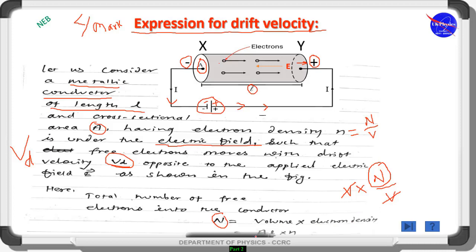The volume is simply given by the cross-sectional area A and the length of the conductor L, and electron density means small n. So the number of electrons inside the conductor equals A into L into small n.